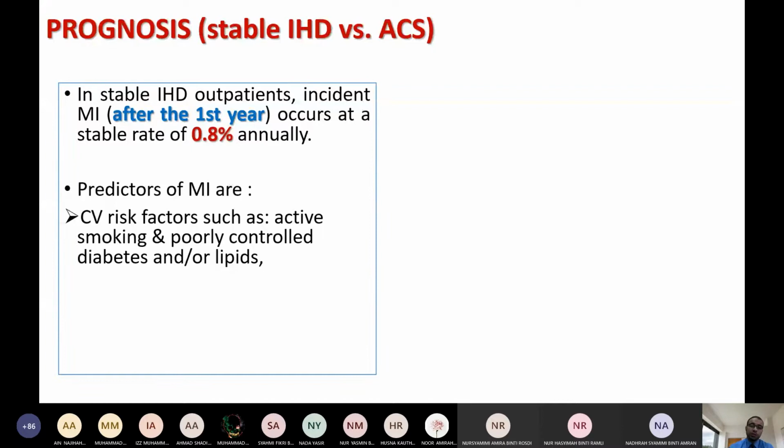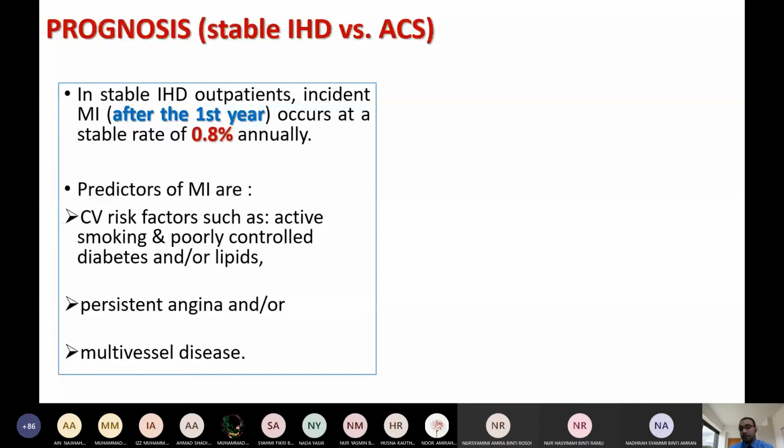This will increase the risk of a patient with ischemic heart disease having a cardiac attack. And persistent angina, this is the one we call a severe presentation that usually involves multi-level disease. So you can see here the MI incidence is around 0.8.